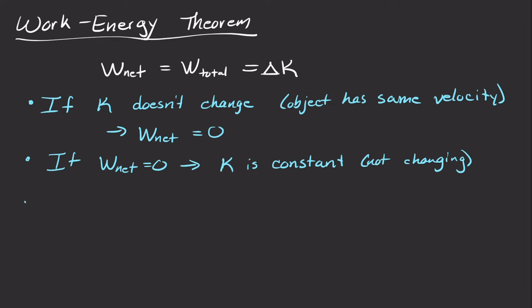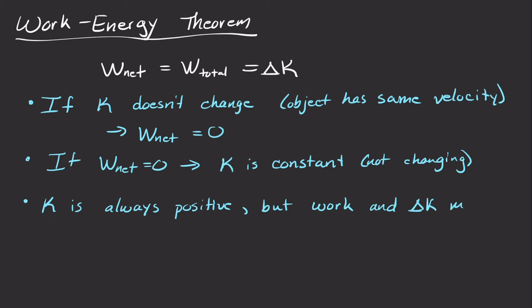Now K, kinetic energy, is always positive. But the work, as we've seen, and delta K may be negative. We may start at some higher velocity and slow down, and so our change in kinetic energy may be negative, meaning it decreased.